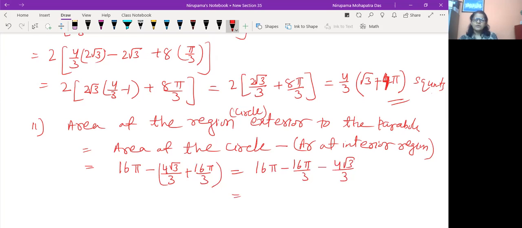So here we are getting 48 minus 16, that is 32, 32 pi by 3 minus 4 root 3 by 3.